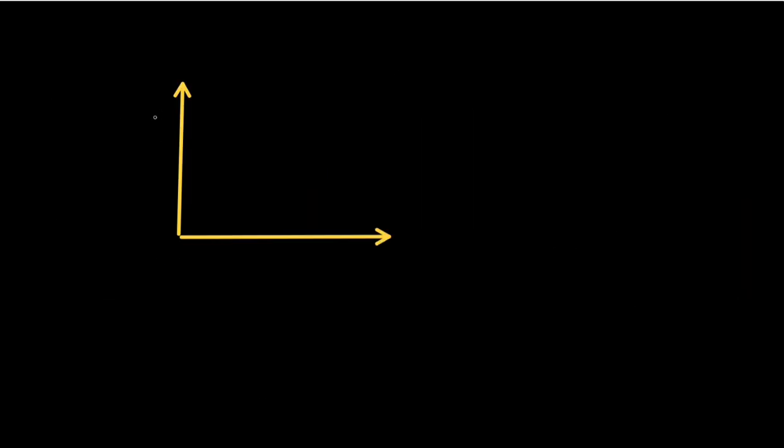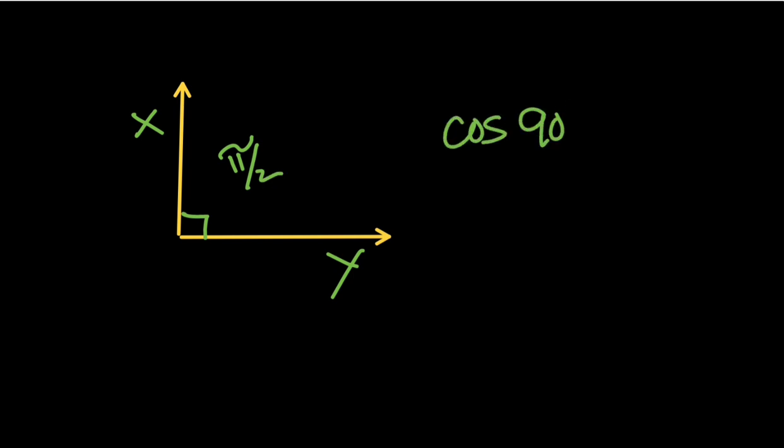Let's say we have vectors x and y here, and this is 90 degrees or pi over 2. So the cosine of 90 degrees is just equal to 0. And that means that if the dot product of vectors x and y is equal to 0, then these two vectors x and y are orthogonal or perpendicular.